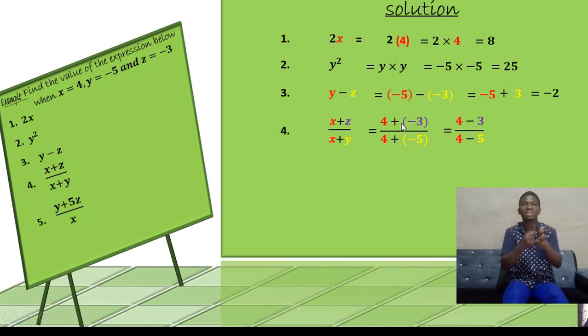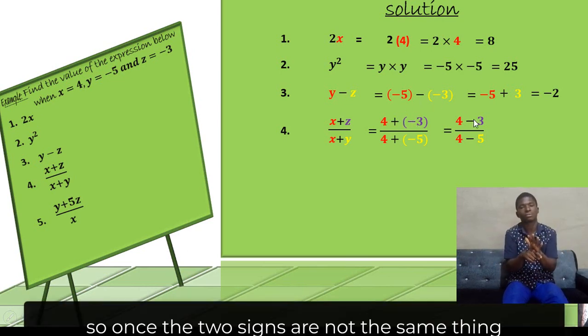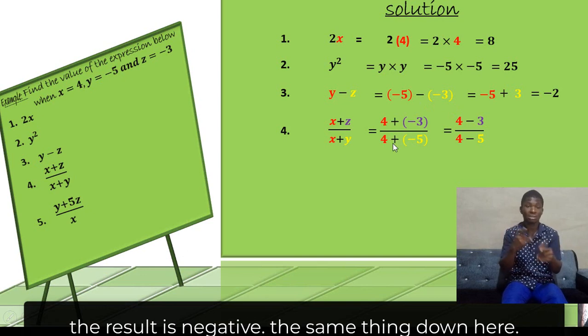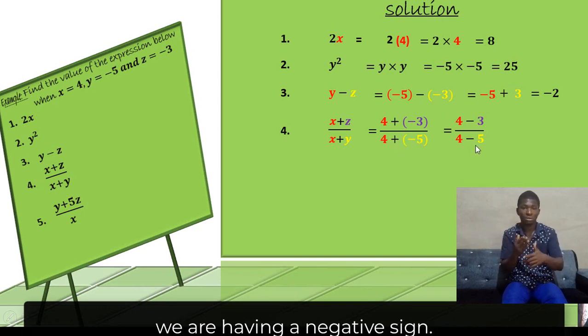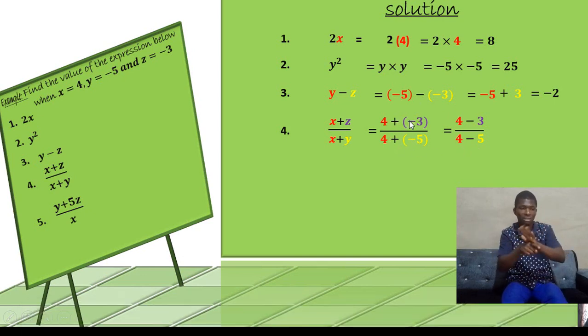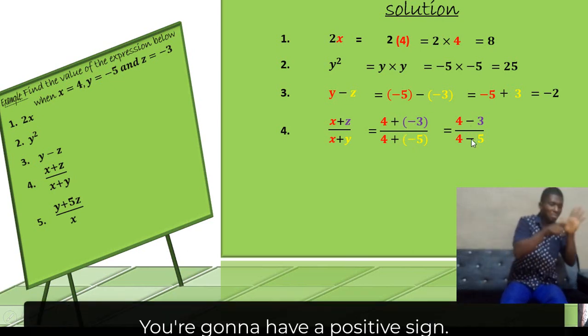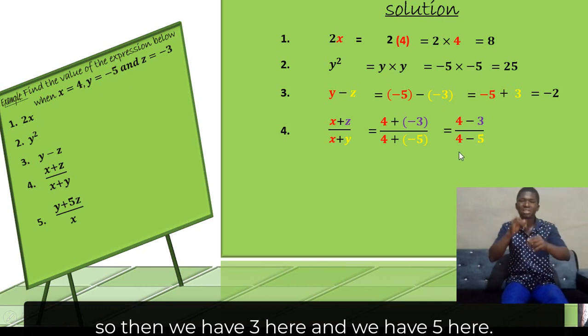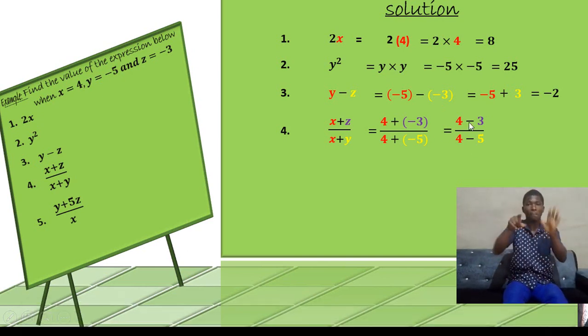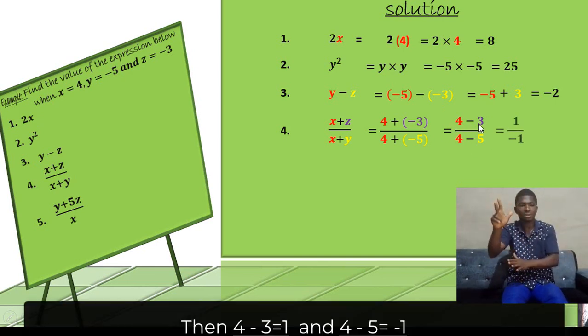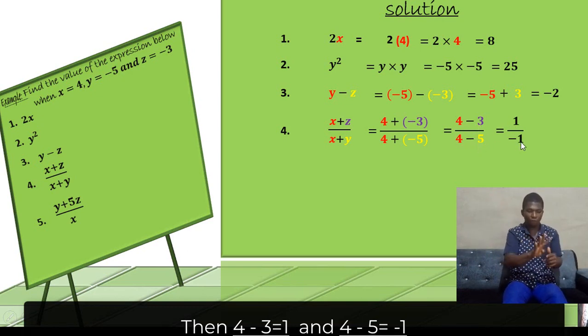So, once the two signs are not the same thing, you have a negative. The same thing down here, positive simplifying a negative, you're having a negative sign. I didn't mean it's positive, positive, or negative, negative. You're going to have a positive sign here. So, then we have 3 here and we have 5 here. So, simplifying then, 4 minus 3 equals 1, and 4 minus 5 equals minus 1.